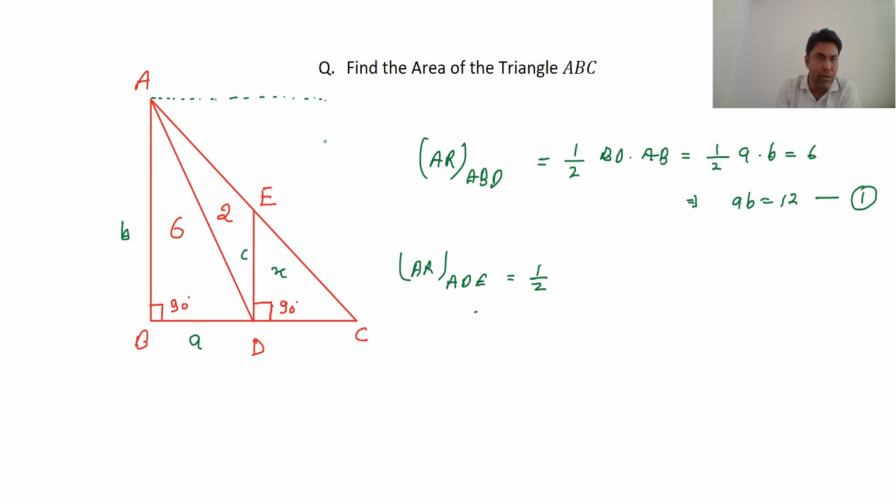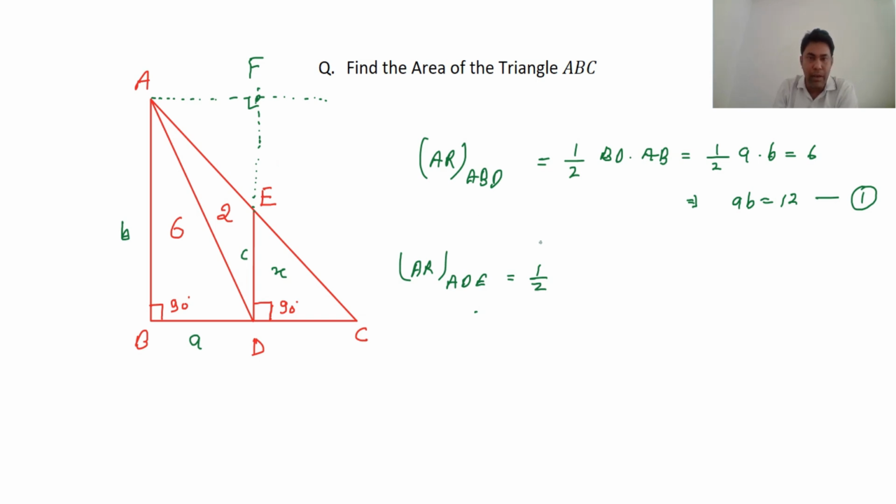Similarly, we will also draw a straight line parallel to AB from DE like this. In this manner, these two lines intersect each other. Let's call this point of intersection F, and this is angle 90 degree. So here AF will be the height of triangle ADE.